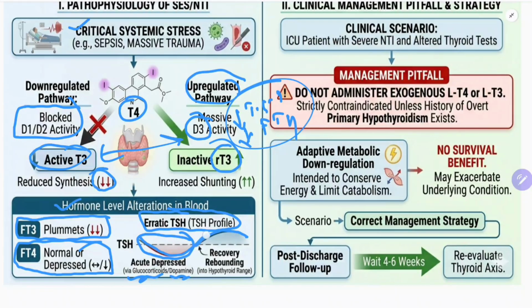So this type of biphasic wave-like thing you will see. During the initial illness stage TSH will decrease, and in the recovery phase it will increase, and there is so much drop in the concentration of FT3. FT4 can be normal or it can be decreased.